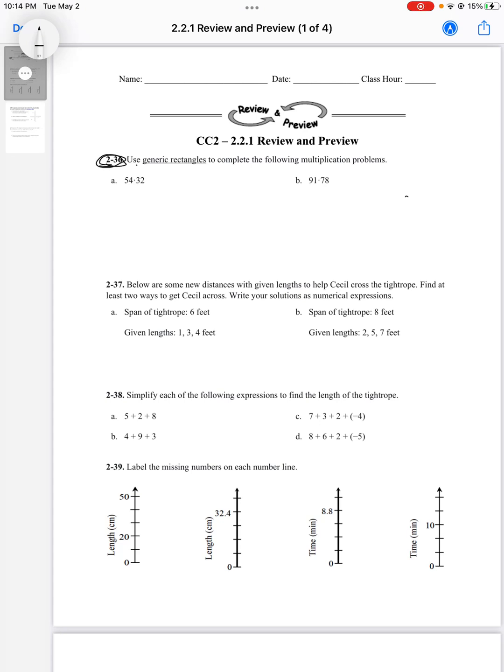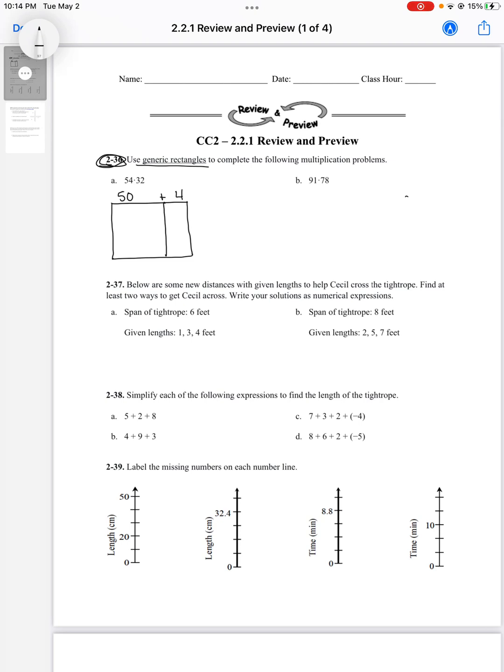This is using a generic rectangle. We need to complete the following multiplication problems. We have 54 times 32 and 91 times 78. I do have to use a generic rectangle for this, so I start off by drawing my rectangle. Remember, I'm breaking apart my number by place value, so I have tens and ones, so 50 plus 4.